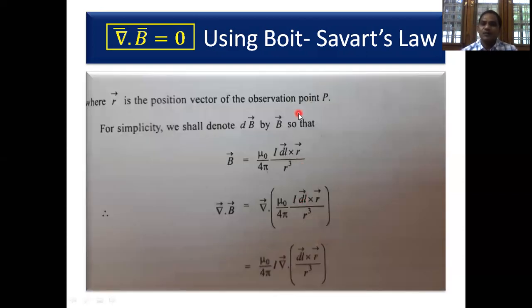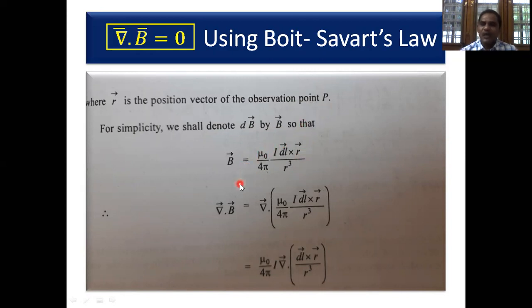Since r bar is the position vector of the observation point P, for simplicity, let us replace db bar by b bar, so that b bar equals mu naught I by 4 pi dl bar cross r bar by r cubed, where r bar is the position vector of the point where the magnetic field is b bar.